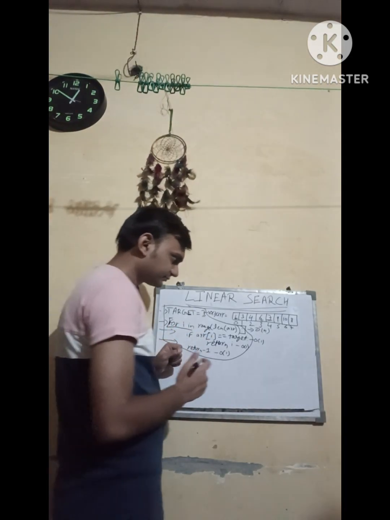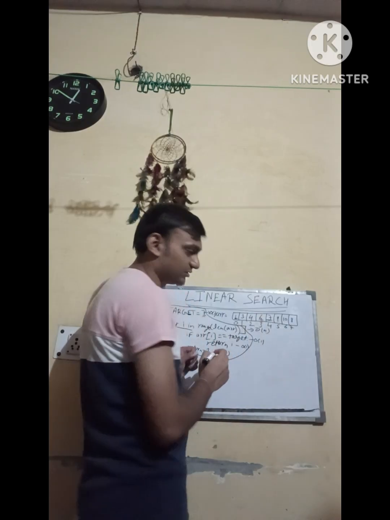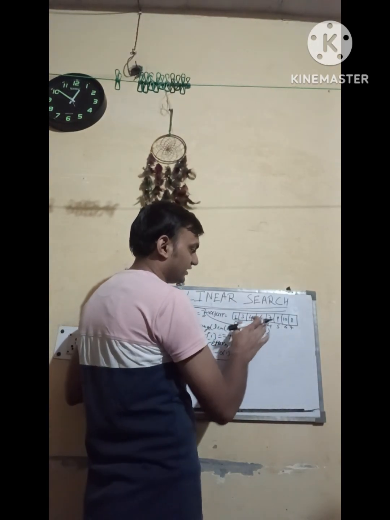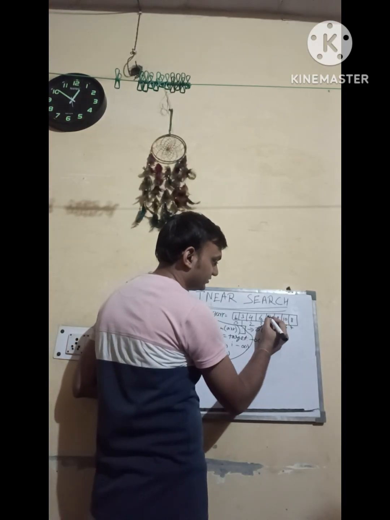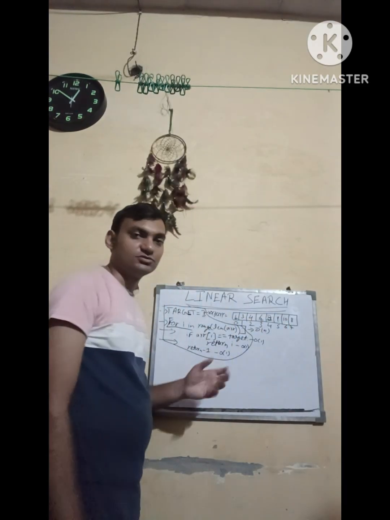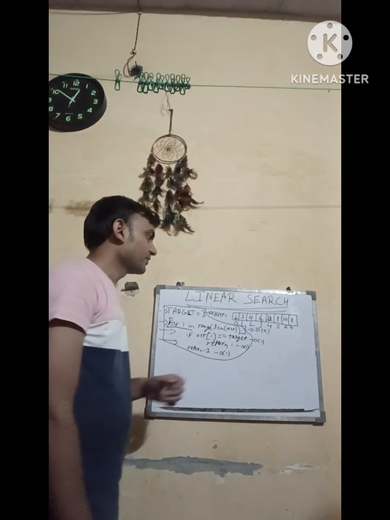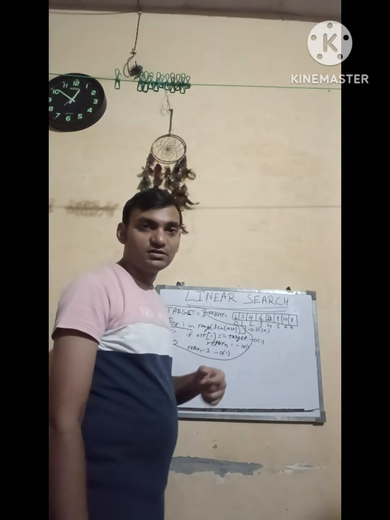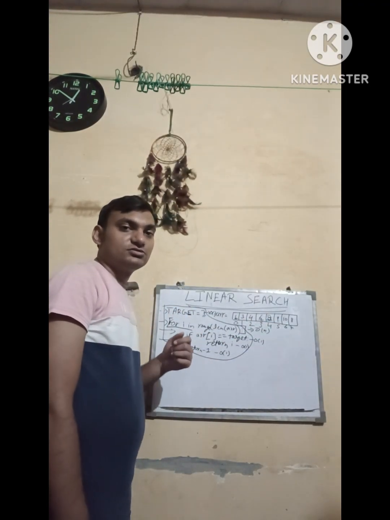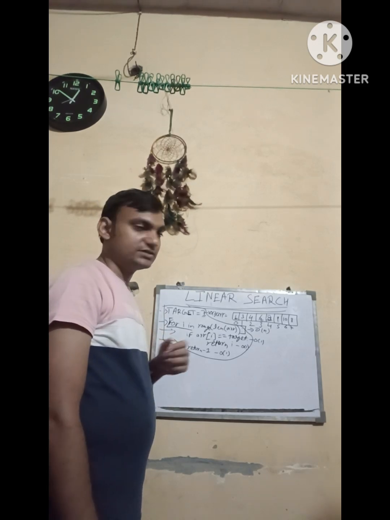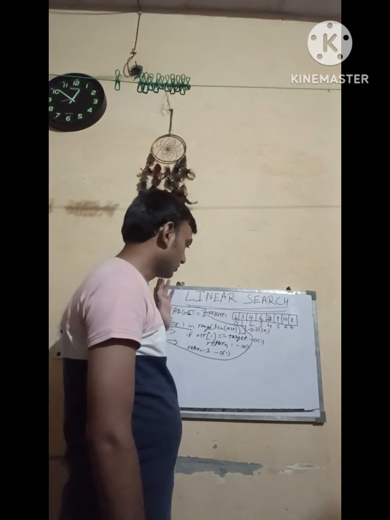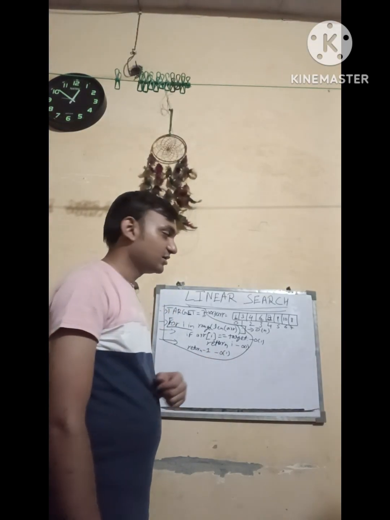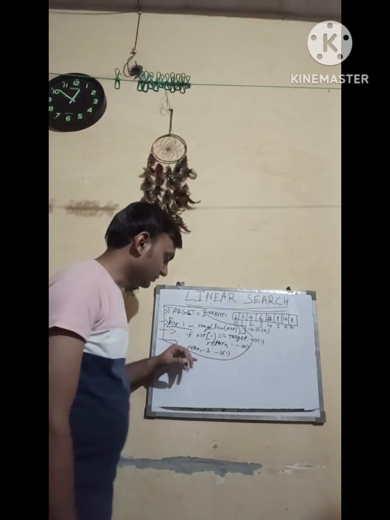Like we have 8 elements, right? And suppose we never find our element. Suppose this 7 doesn't exist, we have something else. As you can see, our target element does not exist in our array. So what our algorithm will do is iterate through the list of these numbers, and will return -1.